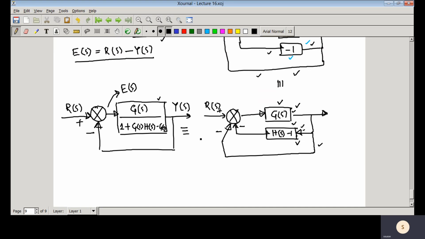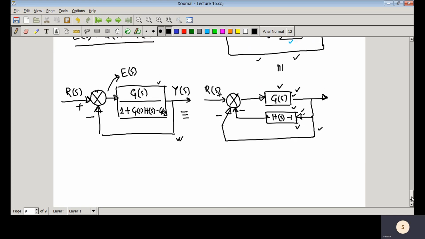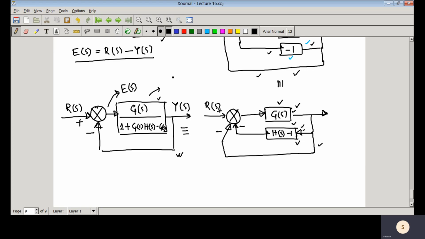This particular transformed loop, closed loop, is with unity feedback, and then we can apply the steady state error formula that we have done. So if we say that this is P(s), so now we can see that P(s) equal to G(s) divided by 1 plus G(s)H(s) minus G(s).